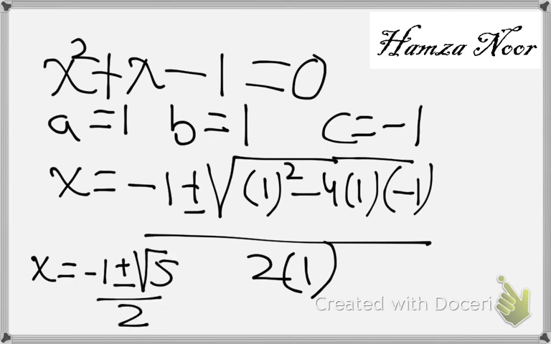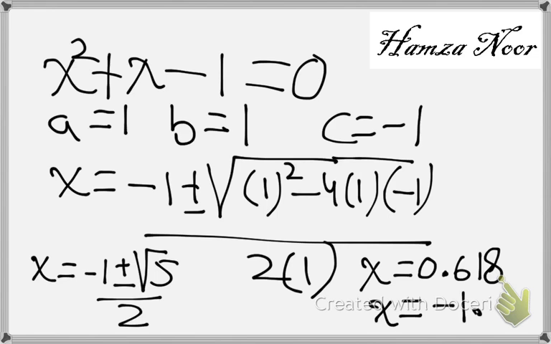So if you just simplify it, you will obtain two answers, which will be x is equal to either 0.618, let me just write it over here, x is equal to 0.618, or x is equal to minus 1.618.